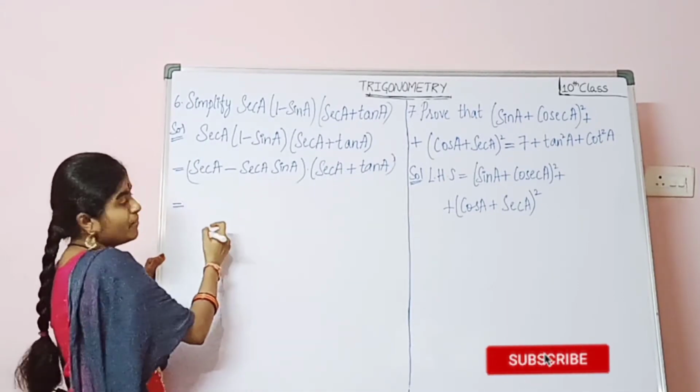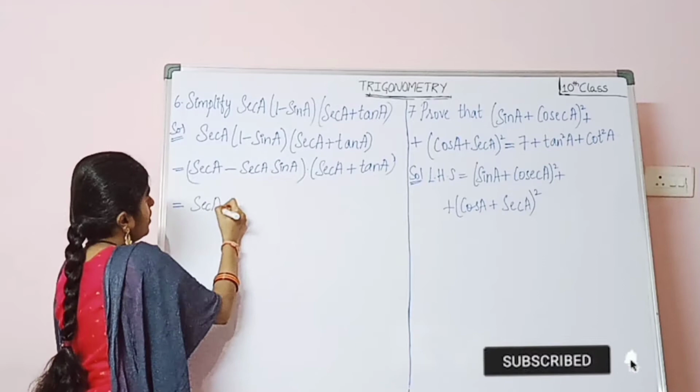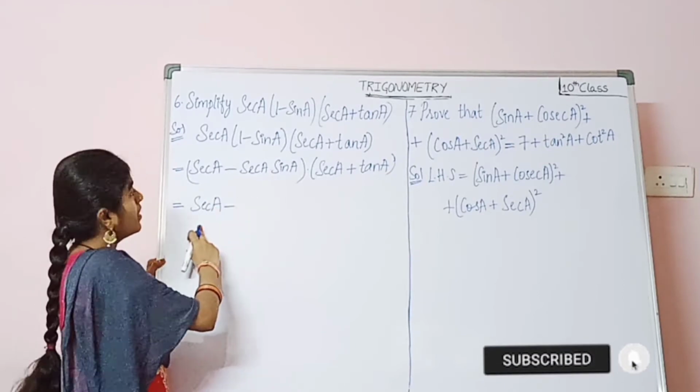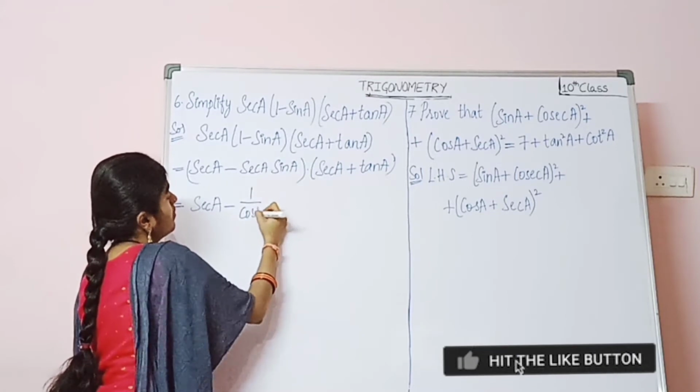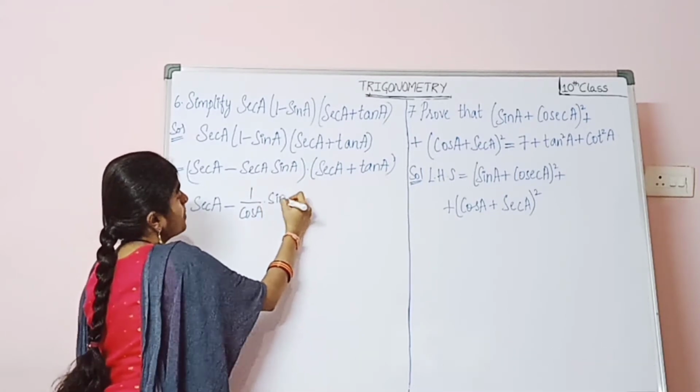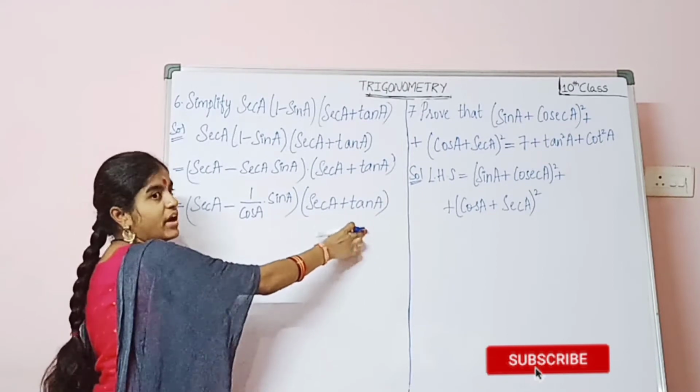How can we write secant? 1 by cos A, into sin A, as it is, into (secant A plus tan A).